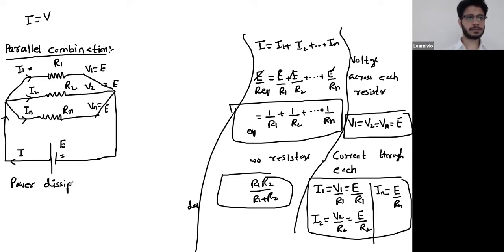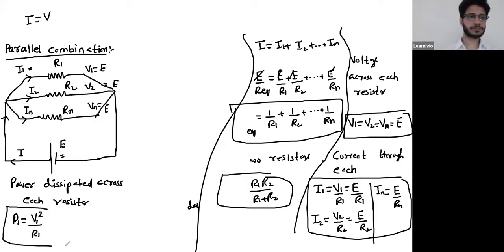Power dissipated across each resistor would be V square by R. So we will use V1 square by R1. V1 is equal to E, so you can simply write this as E square by R1.